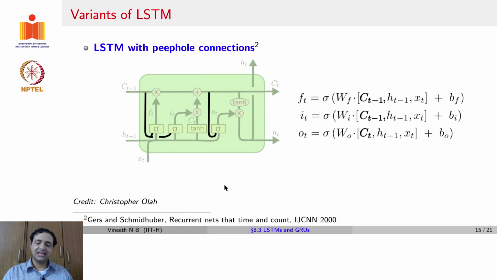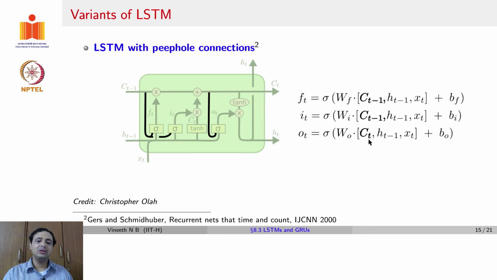Over the years, since LSTMs came way back in 1997, there have been a few variants of LSTMs that have been developed. A couple of popular variants are: one of them is known as an LSTM with peephole connections. The reason it's called an LSTM with peephole connections is that in the computation of the forget gate, input gate and output gate, you notice that in addition to HT-1 and XT, you also provide CT-1 as inputs, and for the output gate, you also give CT as input.